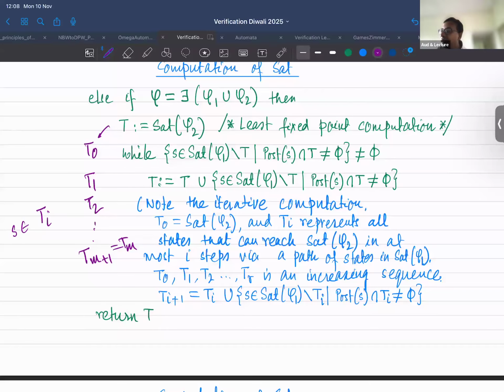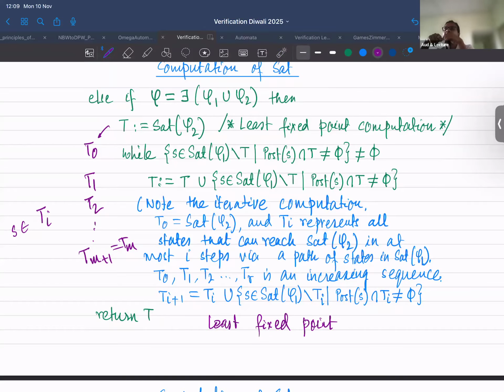And then finally we return this T, which is Tm or Tm plus 1 when it reaches a fixed point. And this is a least fixed point. This is an example of a least fixed point. Why least fixed point? Because I am starting from a small set, and then I'm enlarging the set.